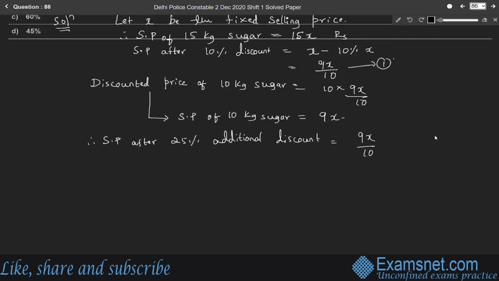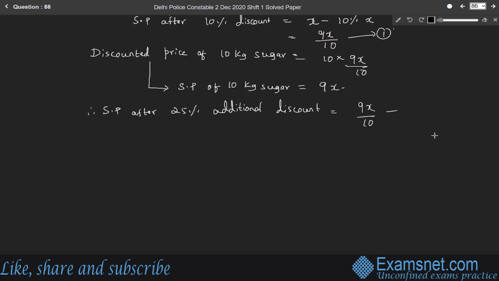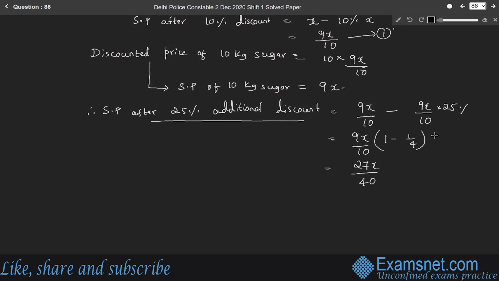Selling price after 10% discount minus additional 25% discount on 9x by 10. So here 9x by 10 is common. Here 1 minus 1 by 4, which is 3 by 4 into 9x by 10, which is equal to 27x by 40. Right? So here selling price after 25% additional discount is 27x by 40.